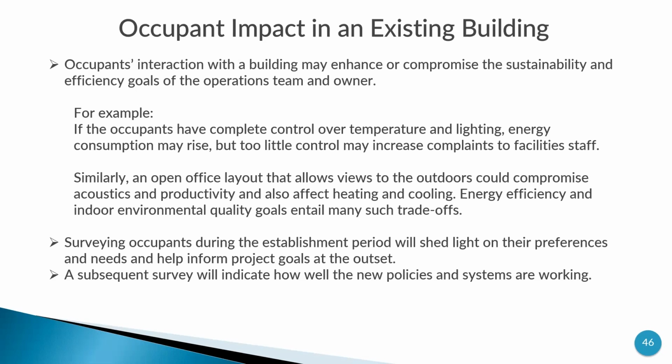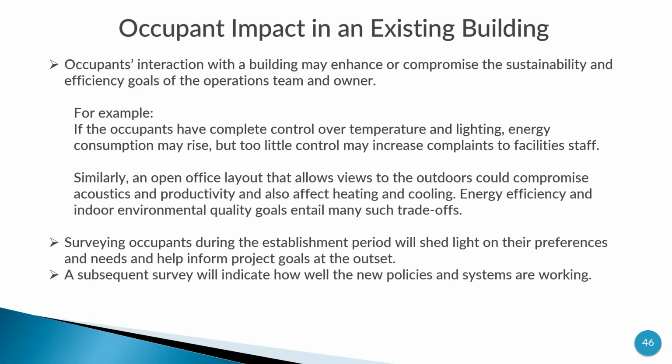Occupant interaction may enhance or compromise the sustainability and efficiency goals. When you are setting up the goals, you need to take occupancy levels into consideration, because certain strategies you cannot implement when it is fully occupied. You need to do it in off-peak hours.